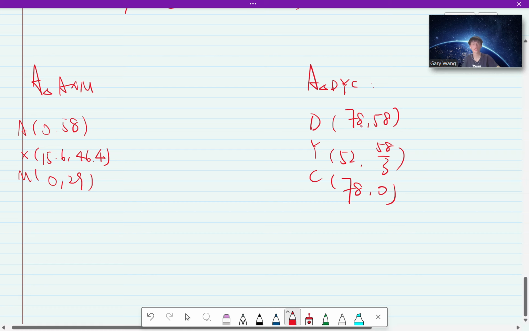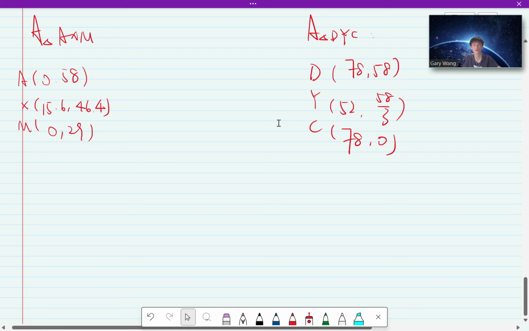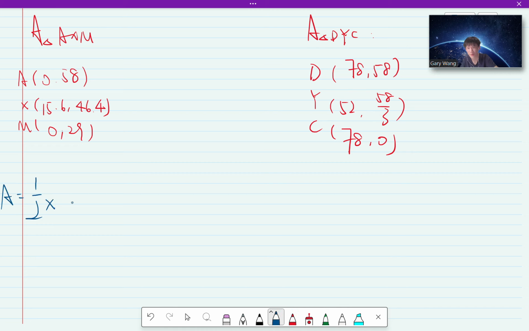For each of these triangles, we have all the necessary information to solve for the areas, respectively. So apply the shoelace theorem. I'll just do one of the triangles to let you know how it works. The area equals 1 over 2 times, let's list the coordinates down: 0, 58, 15.6, 46.4, 0, and 29.